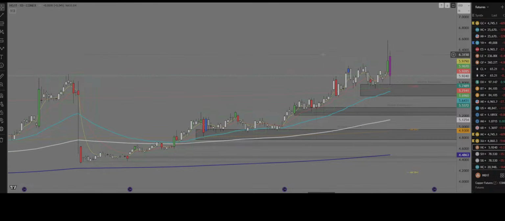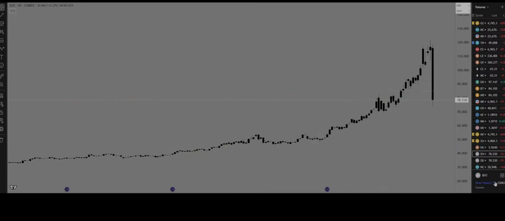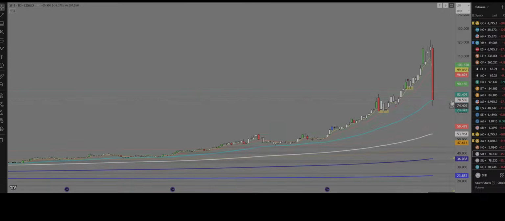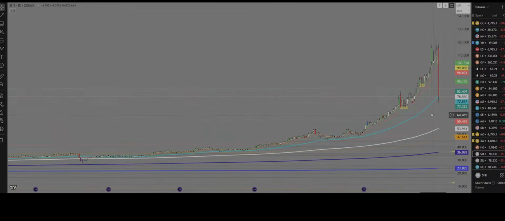I don't know how much this is a tick. If silver's 25 a tick, I don't know what this would be. That is mad on silver. Holy cow. Oh, you know people made mad money on that. Wow.